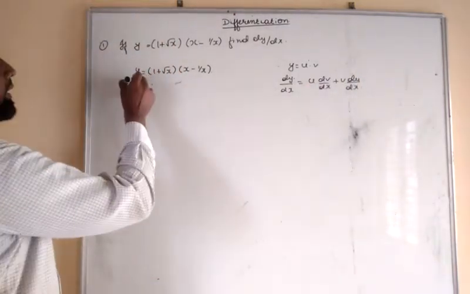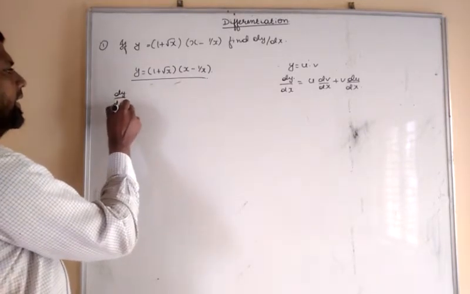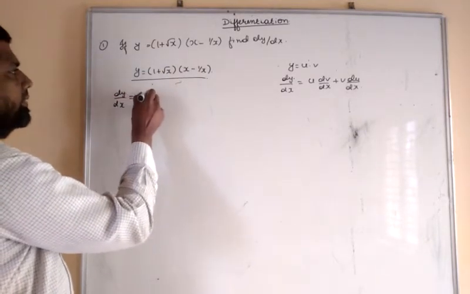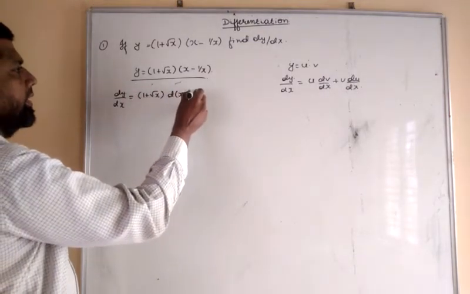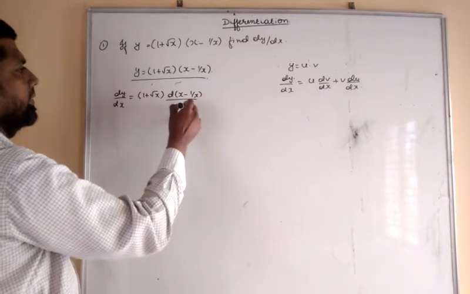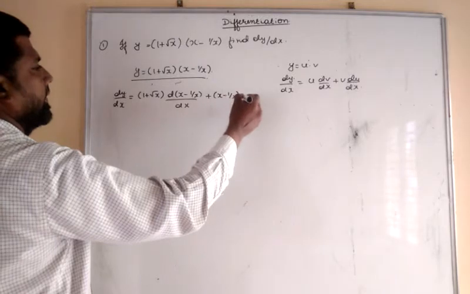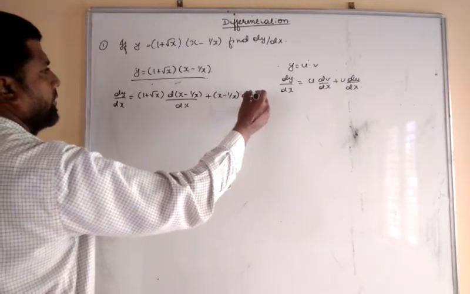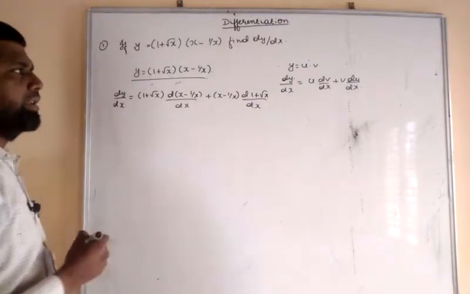So here let us differentiate this one. Differentiation of y with respect to x is equal to the first function 1 plus root x, differentiation of the second function, plus x minus 1 by x, which is v, differentiation of u, 1 plus root x. So this is the formula you should apply.